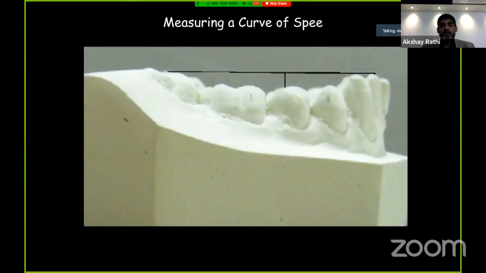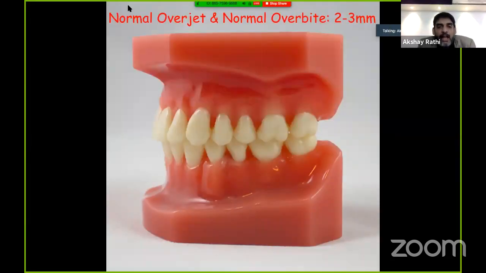So these were the 6 keys to normality: the class 1 molar relationship, class 1 canine relationship, mesial crown tip or distal root tip, proper labiolingual and buccopalatal inclination, absence of rotations, tight contacts, and flat curve of Spee.